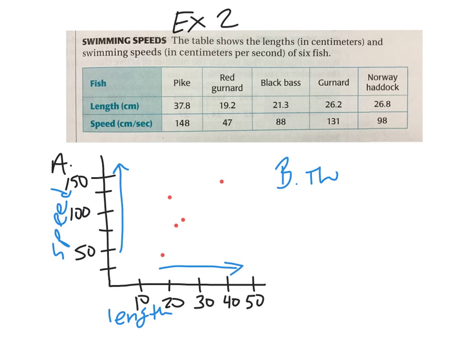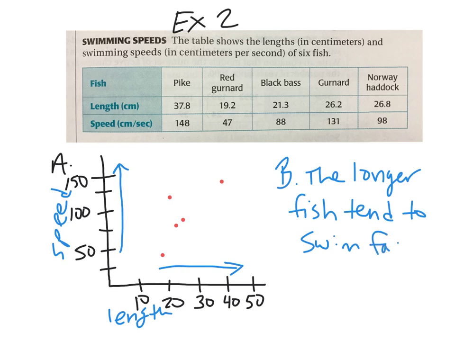So you would say the longer fish tend to swim faster. You could say positive correlation.